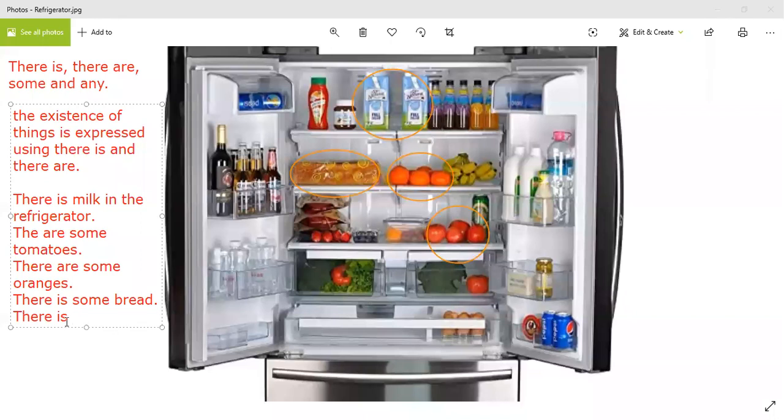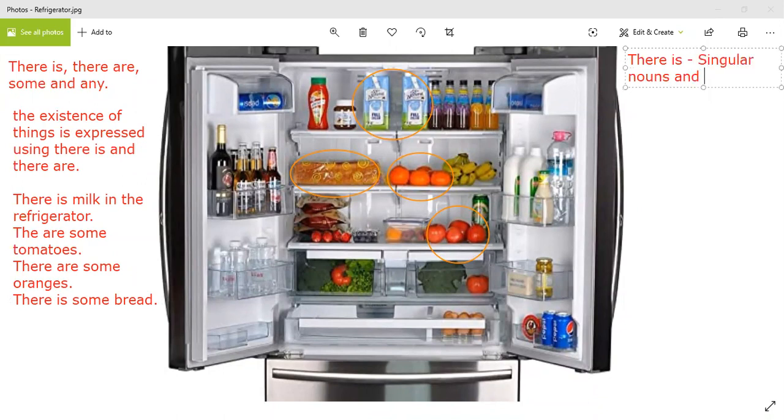Okay, let me put it here. There is, singular and uncountable nouns.